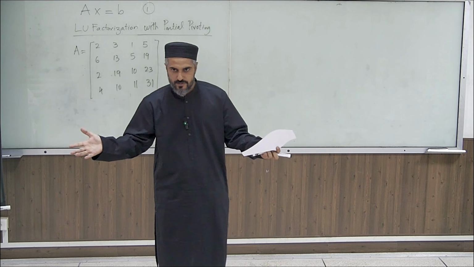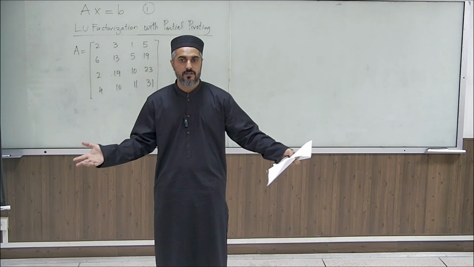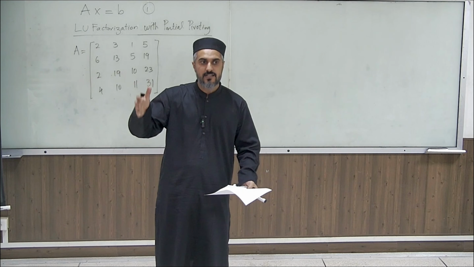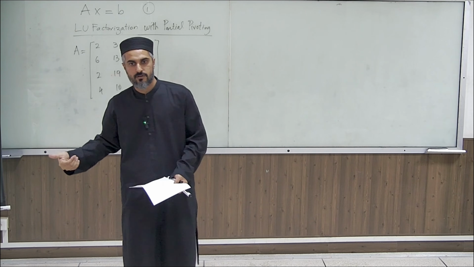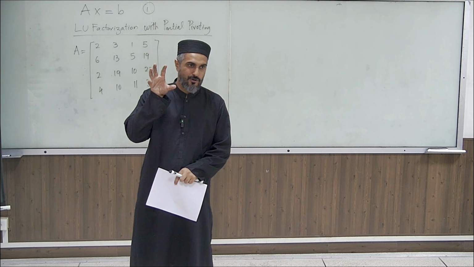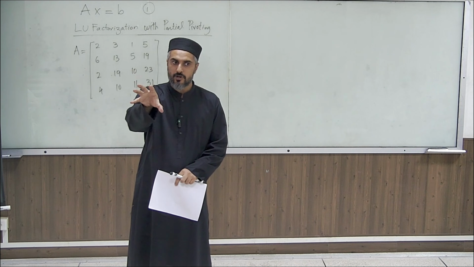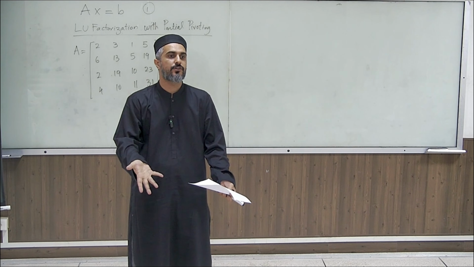For example, when solving with Gauss elimination, we have to take the right hand side too, and carry it in the augmented matrix. But in the LU factorization we only do the process with the coefficient matrix. We do not engage the right hand side, we engage it after we convert the matrix into an LU form.